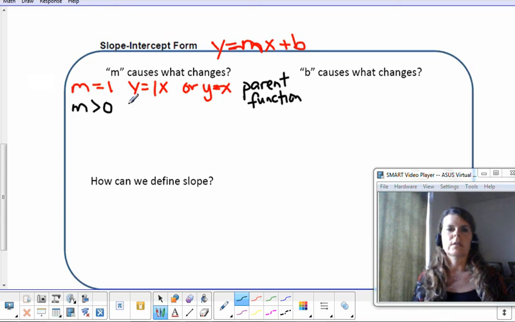Otherwise, I can tell you that if your slope is positive, like 2 or 3 or 4, we call this a positive slope. So you just write positive slope. It's going to run uphill and it's going to be steeper, like if m is a whole number, like 2, it's going to make it steeper.